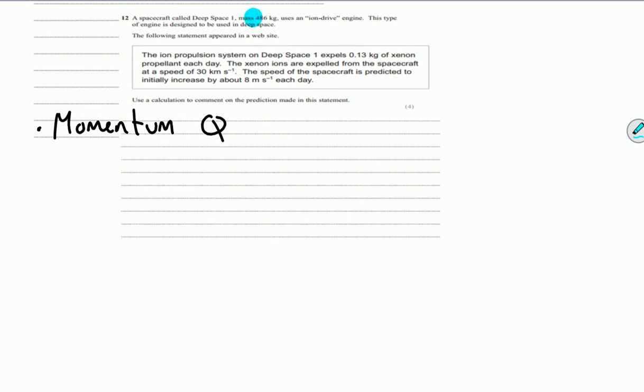They've given us the mass of the spacecraft, they've given us the mass of the xenon expelled, and they've given the speed of what's being expelled, and they're asking us, is 8 meters per second a reasonable guess? So that's what they've set us up with.